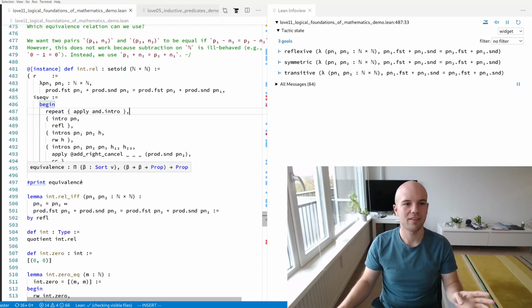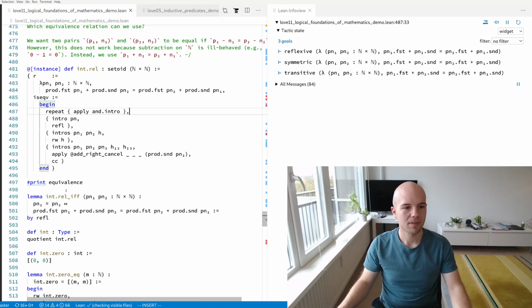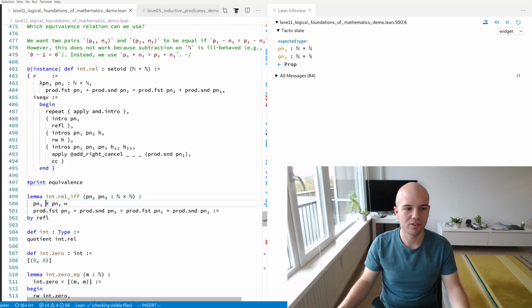Okay, so now we've defined a setoid on the pairs of natural numbers. And in Lean, it's always a good idea to state such definitions explicitly using calculammers, so that if you define a setoid, you typically write a lemma that says that the setoid relation holds if and only if the definition.